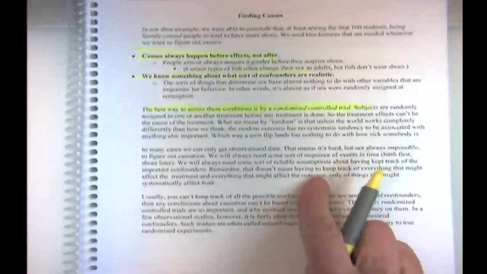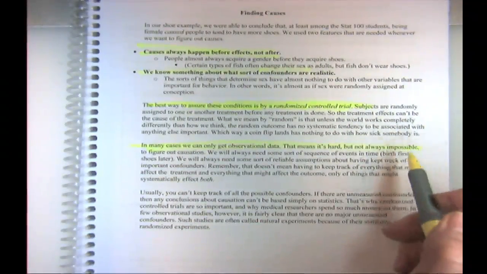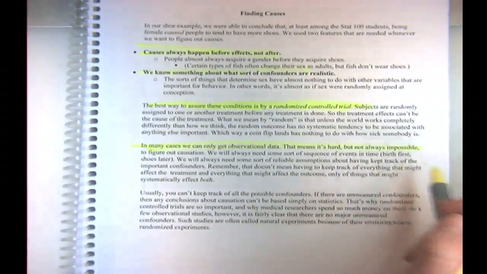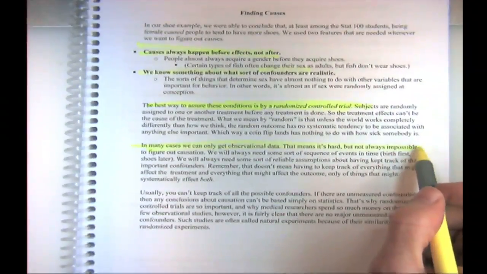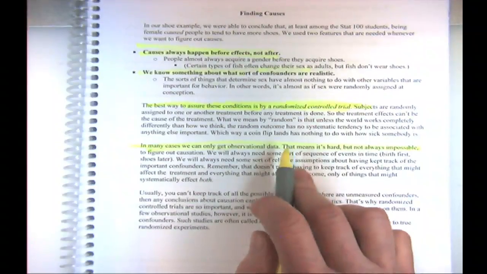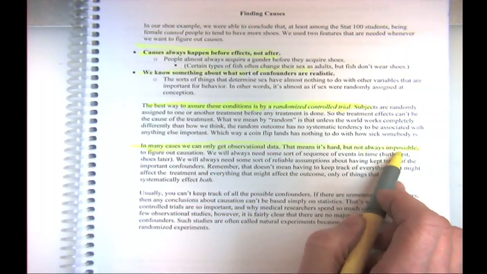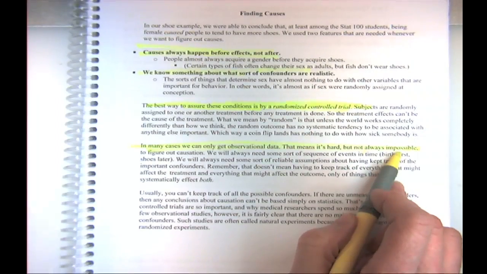But when we have an observational study, that means it's hard, but it's not impossible. So many people in statistics will teach you this over and over and over again, and they'll say, okay, it's hard to do. If you have a randomized control, fine. But in everything else, we're not even going to try. But I think it's very important to try. And I think we come to these conclusions anyway.